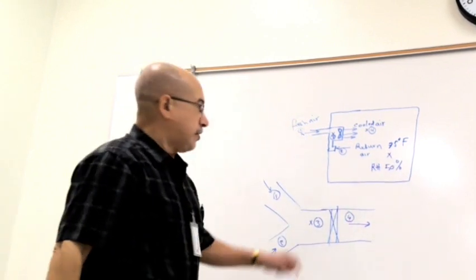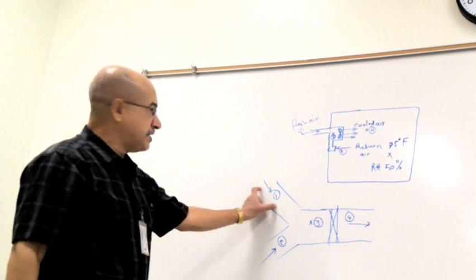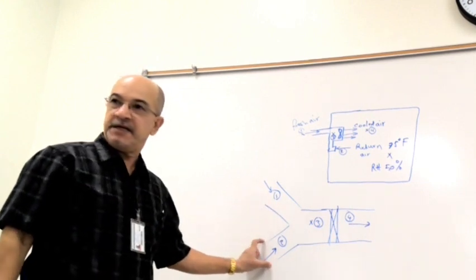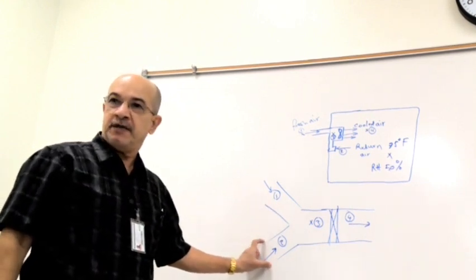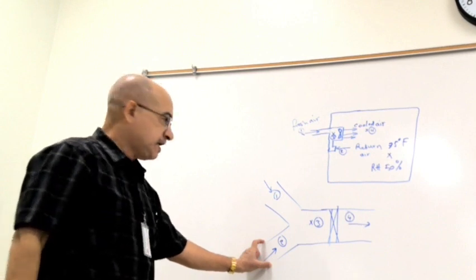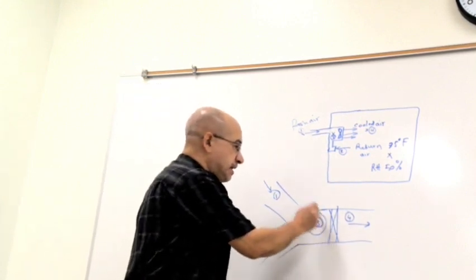So we have two parameters here, so we can find them on the psychrometric chart. Only point three is missing, unknown.